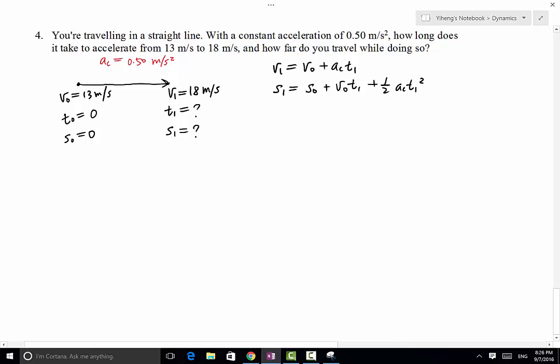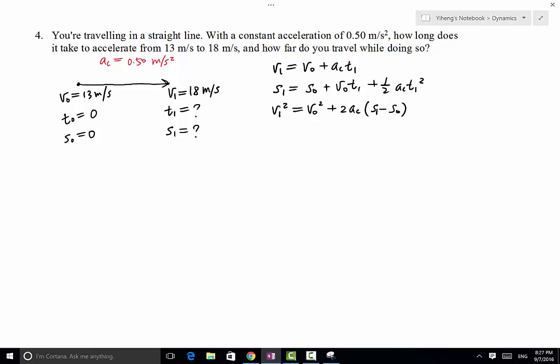And lastly, V1 squared equals V0 squared plus 2 a_c (S1 minus S0). So again, these are the 3 equations derived from the 3 basic kinematic equations with acceleration being a constant. So again, which one do you choose to solve for T1?